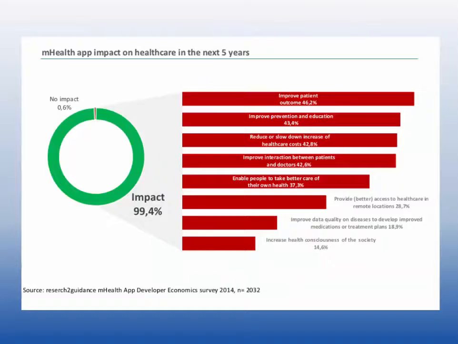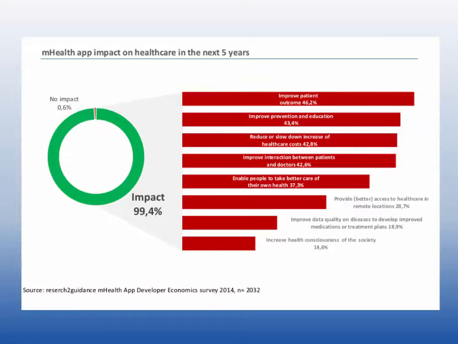The impact on the healthcare industry goes much further than pure revenue generation opportunity. 5 areas stand out as those which are predicted to have the greatest impact on healthcare. Quality benefits such as improved outcomes of treatments and improved prevention and education are seen as the top 2 domains on which mobile healthcare applications will have a significant impact.